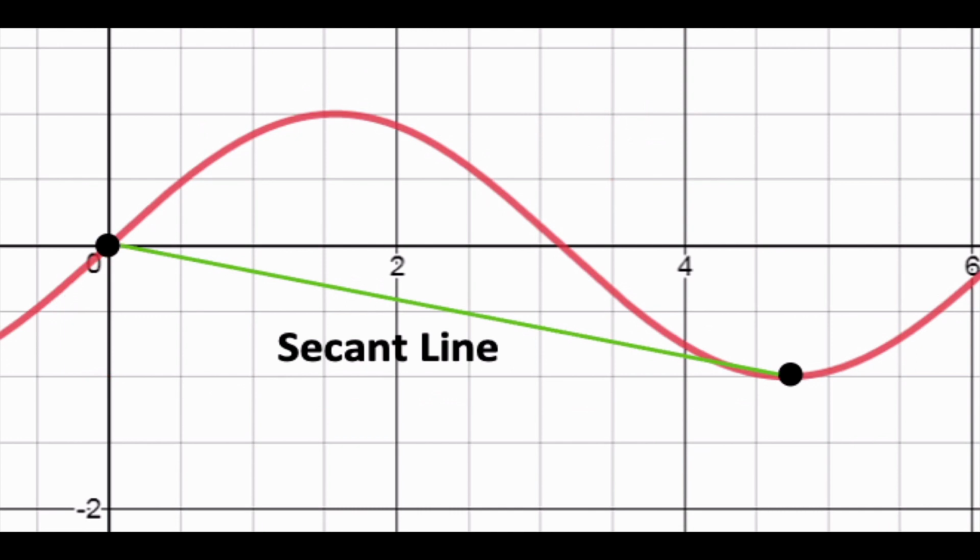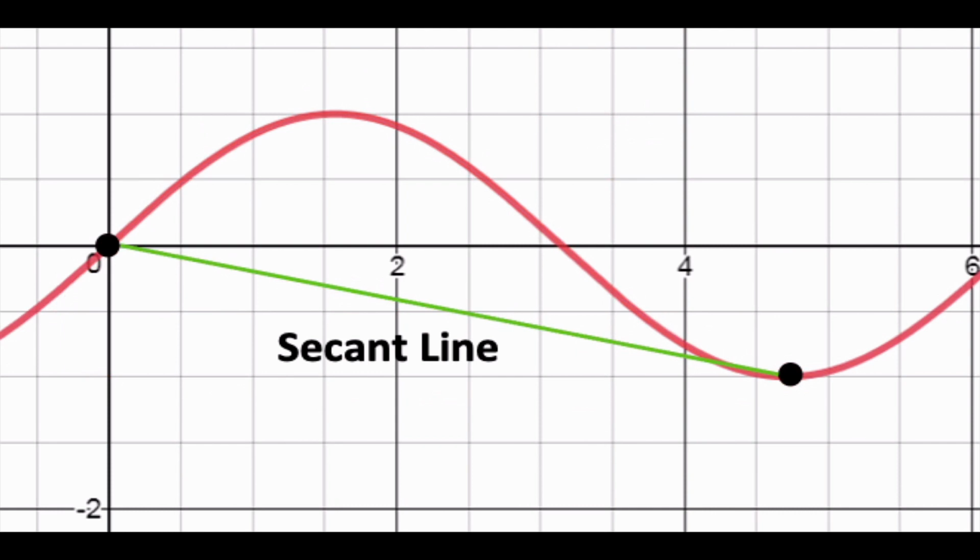So what the mean value theorem says is somewhere between those two dots, I had to have had the same slope as the green line. If your slope from beginning to end is whatever it is, somewhere along the way, in between black dot and black dot, I had to have had the same exact slope.